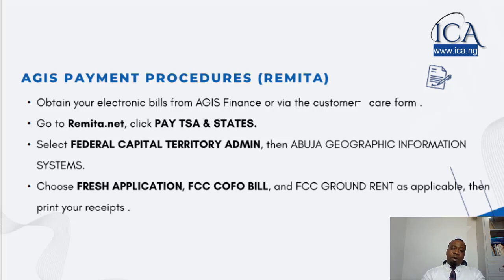And once you have obtained your bill, they've printed your bill from their system, then you go to remita.net, you click pay TSA or state, then you select the Federal Capital Territory admin, then you navigate to Abuja Geographic Information System. Once you are there, the next thing you have to do is to choose the fresh application or the C of O bill or ground rent, whichever is applicable. Then you make your payment.